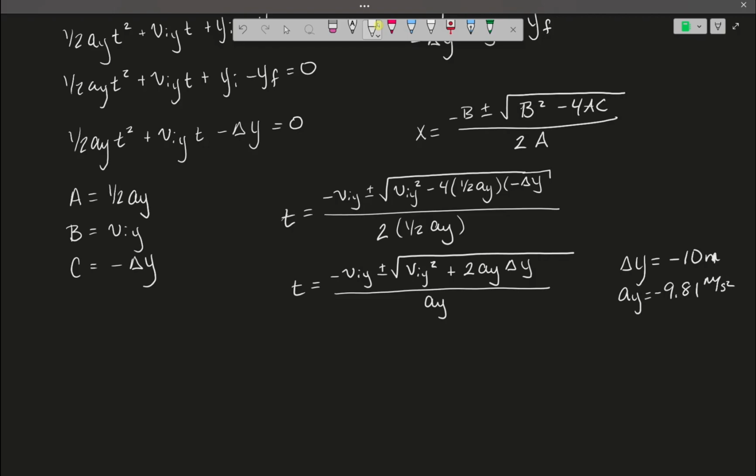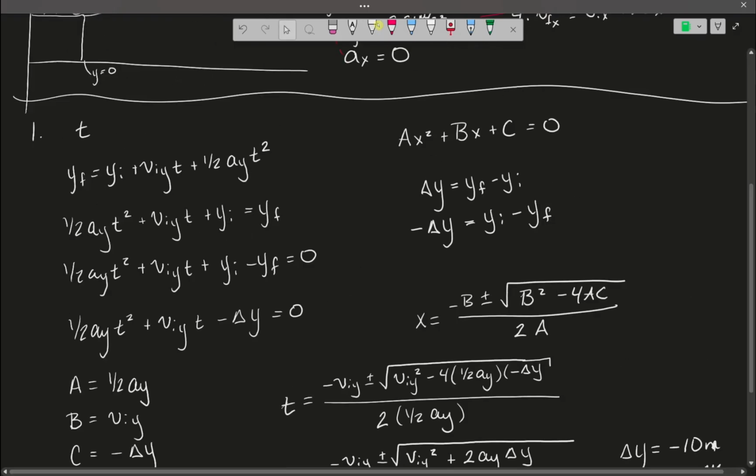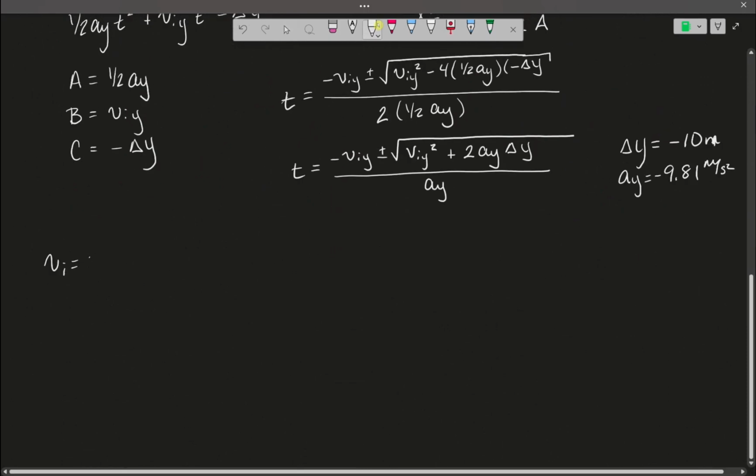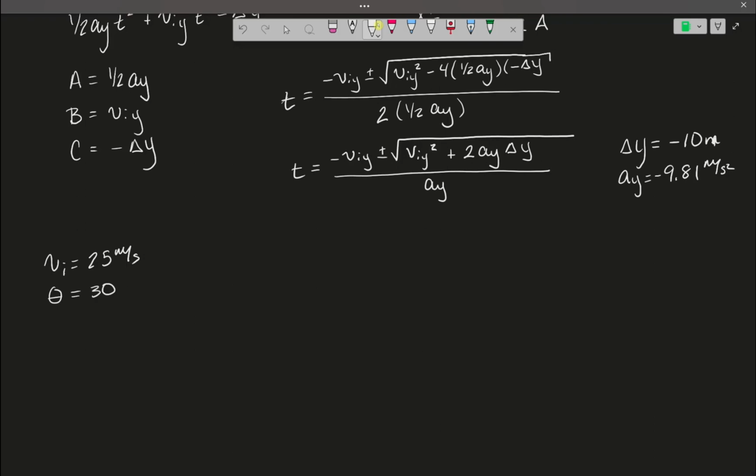I do have an issue here though, and that is I need the y component of my initial velocity. We were given an initial velocity of 25 meters per second, and we were given the angle that this object is moving at. So we need to use our trig triangles to find the y component. This would be our initial velocity, this is our angle, this is the x component, this is the y component.